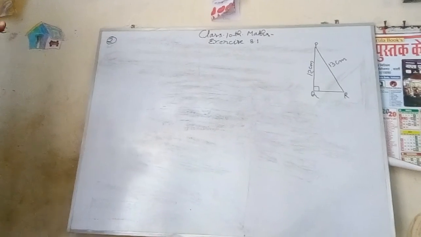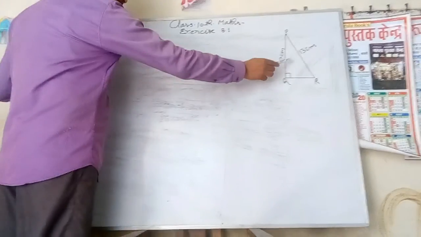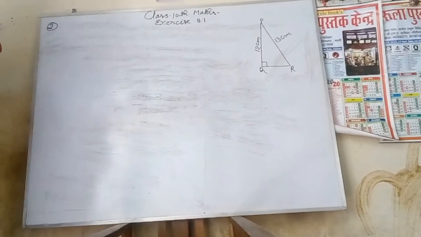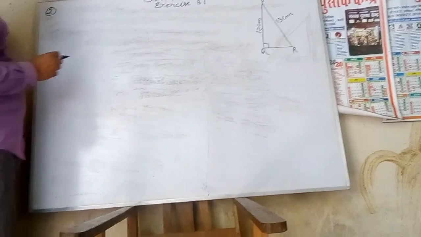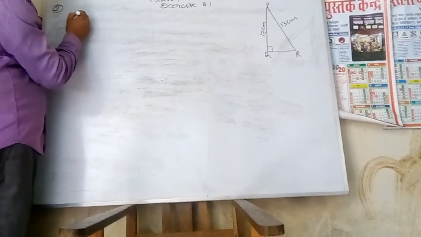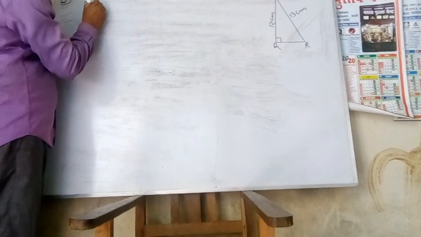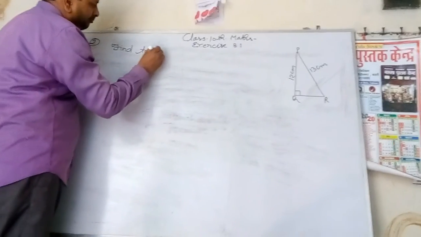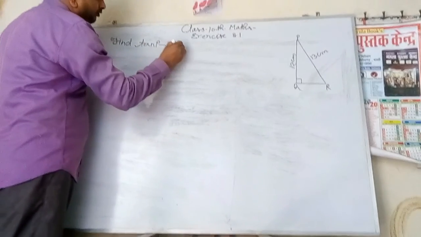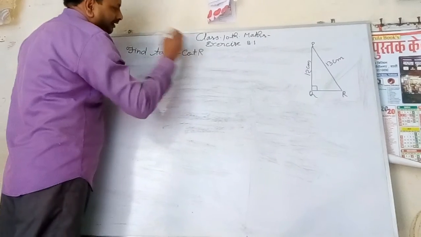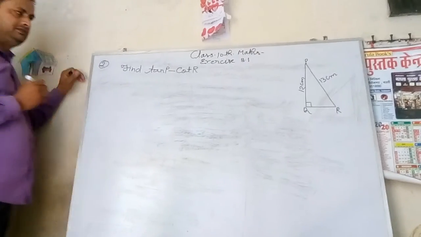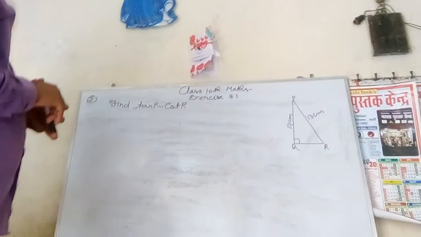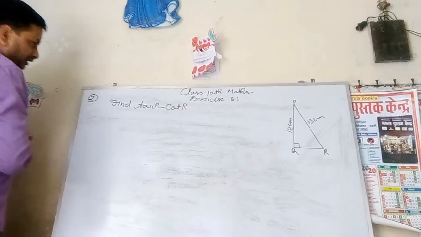In this question only figure is given and you are asked to find tan P minus cot R. Find tangent of P minus cotangent of R. So, the solution.